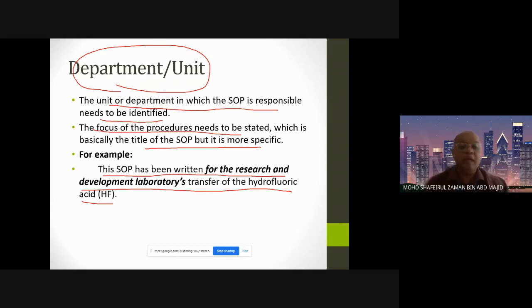So what is the procedure? Transfer of the hydrofluoric acid. That is the procedure. Who is it for? The research and development laboratory. So that is the department or the unit.